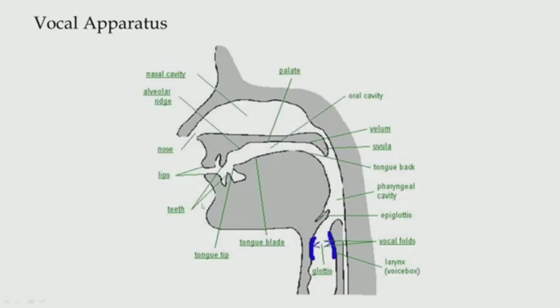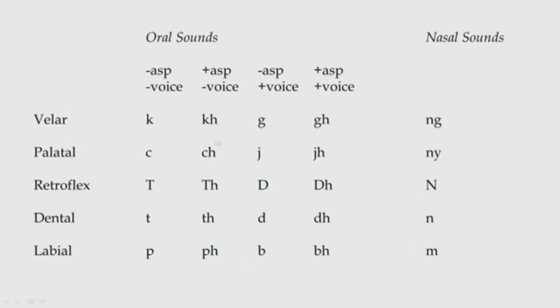Okay, so clearly you see in this chart we do not have alveolar sounds, which means the sounds that you see here in this chart are not the only sounds in natural language. We have more sounds. These sounds are specifically available in many languages of the world, but most of the languages spoken in the South Asian subcontinent.